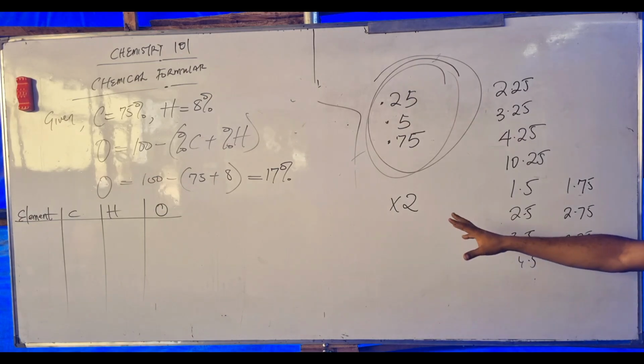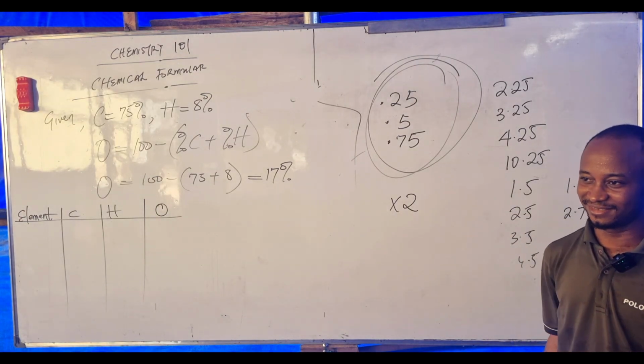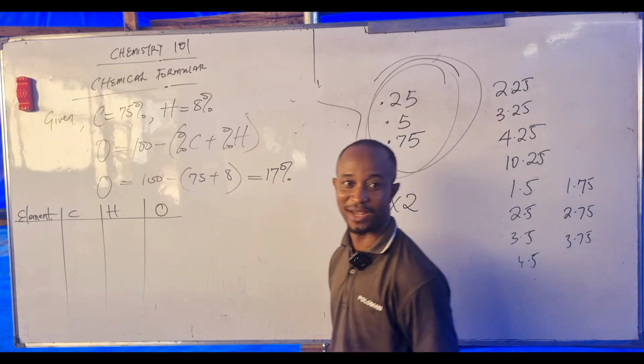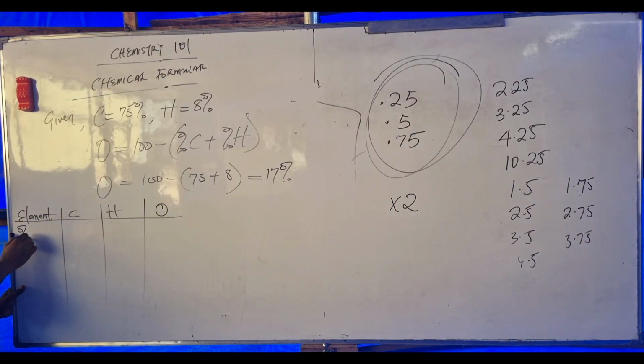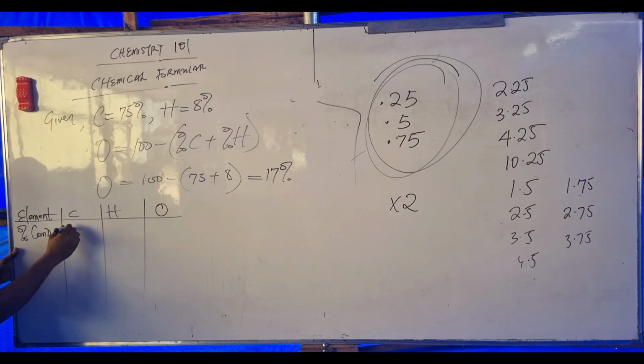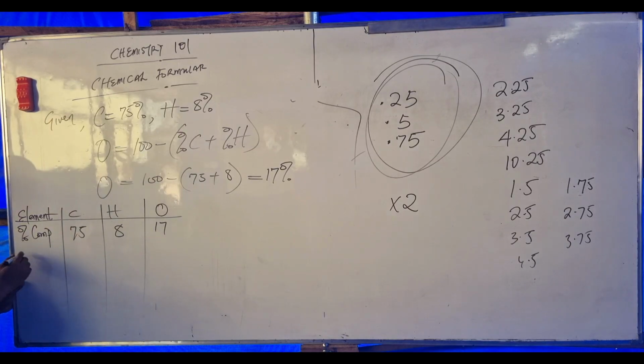If not, you will enter the exam hall and finish yourself there. Let's go. What do we have here? Percentage composition. Carbon is 75. Hydrogen is 8. What of oxygen?